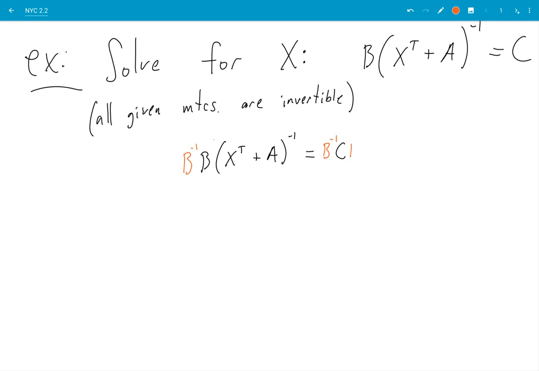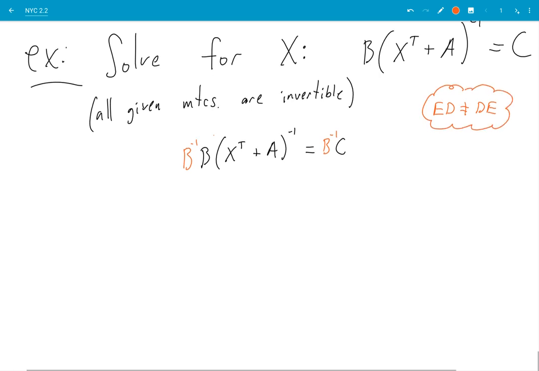The B inverse cannot appear there because remember, if you have matrices, E times D is not, there is a difference in general between these two things.